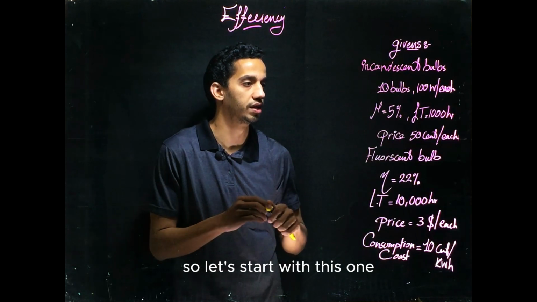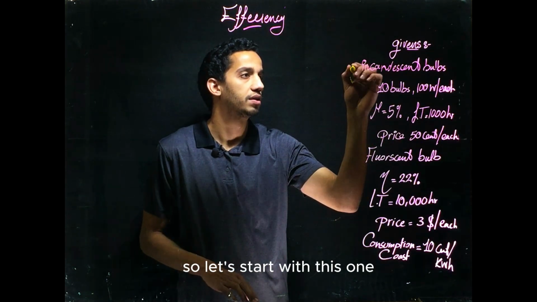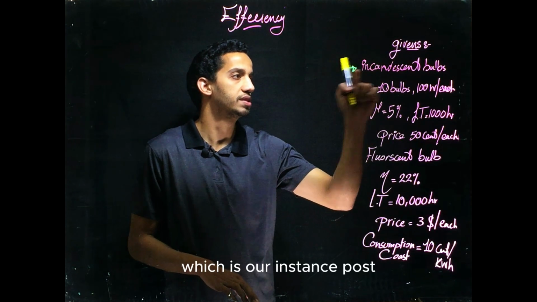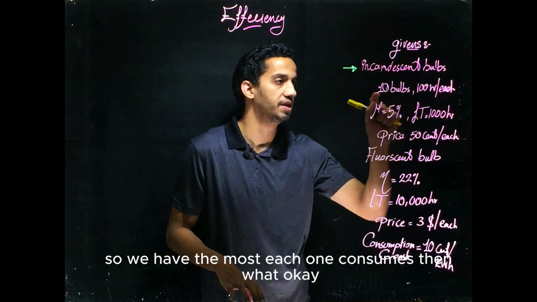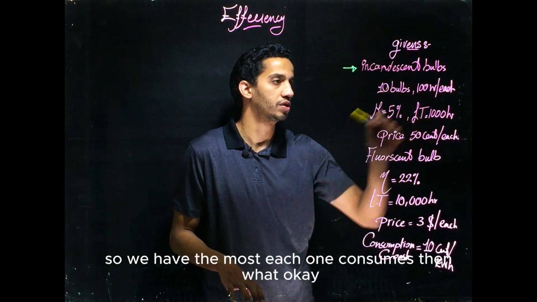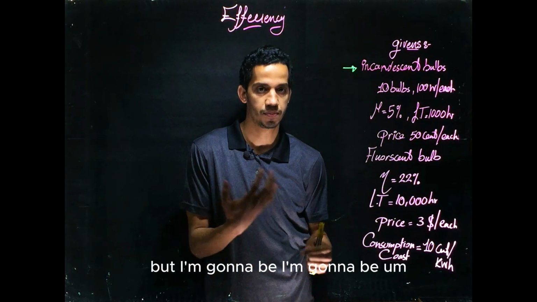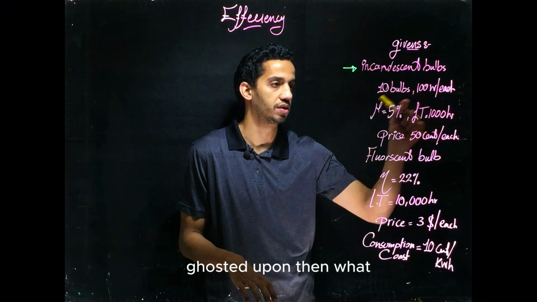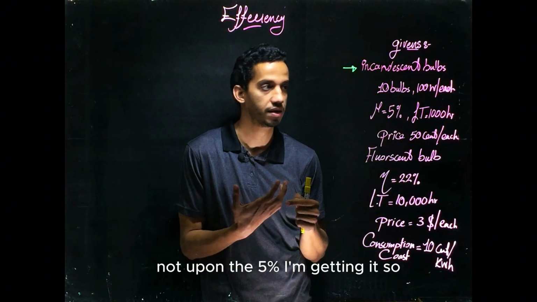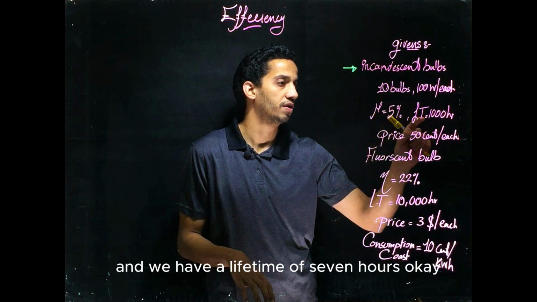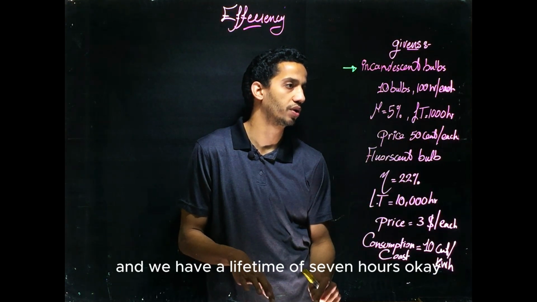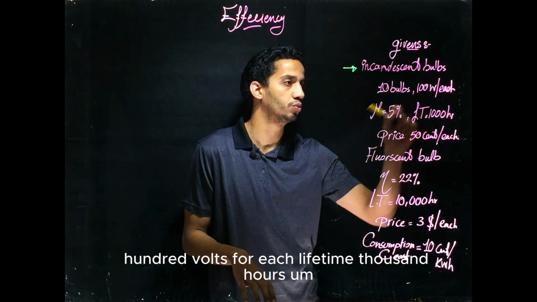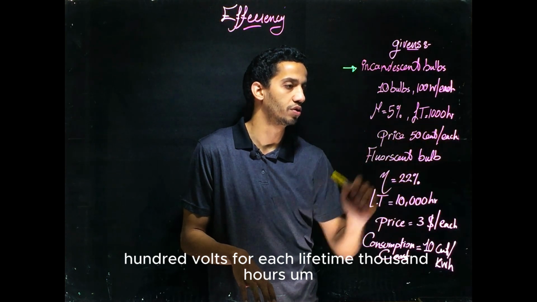Okay, so let's start with the incandescent bulbs. So we have 10 bulbs, each one consumes 100 watts. I'm going to cost it upon the 100 watts, not upon the 5%. And we have a lifetime of 1000 hours. So we have 10 bulbs, 100 watts for each, lifetime 1000 hours.